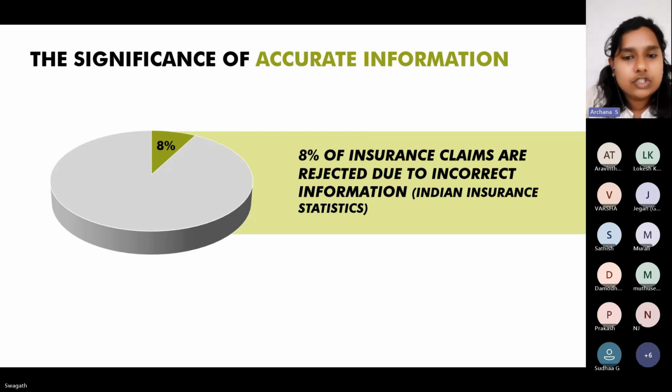First, we should understand that we get insurance to get claims, right? If you are not able to get a claim, then there is no point investing in insurance. So the homework is that it's very important to give the right information while you are taking a policy.